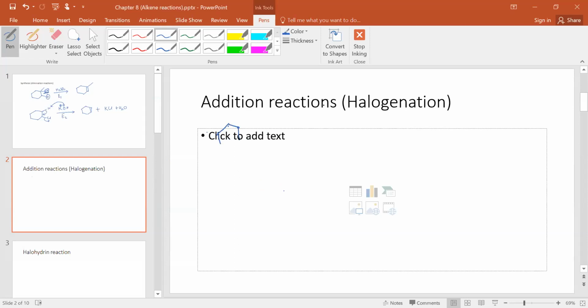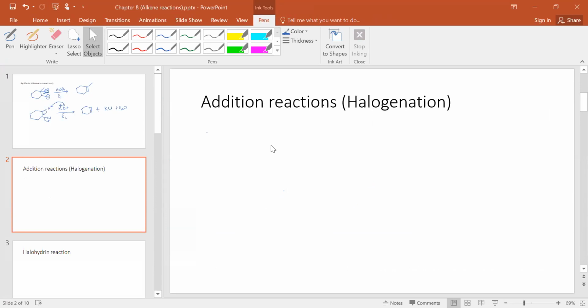If we have an alkene, halogens can be easily added. So let's say you have cyclohexene and you react it with chlorine. The pi bond will be gone and two chlorines will be added in trans fashion.